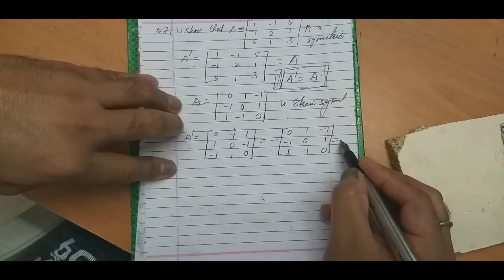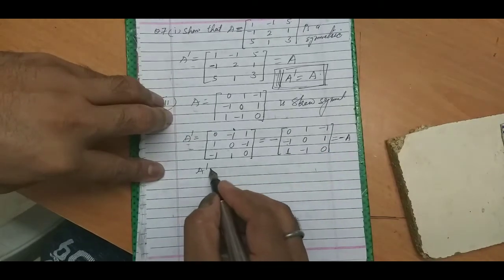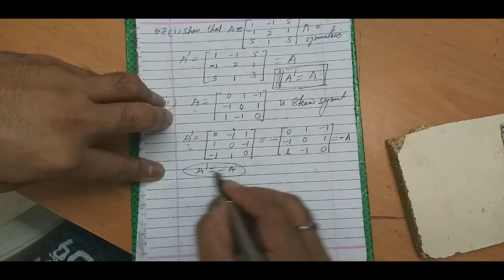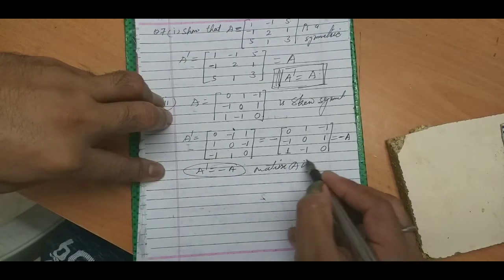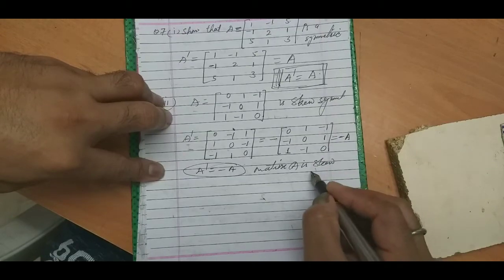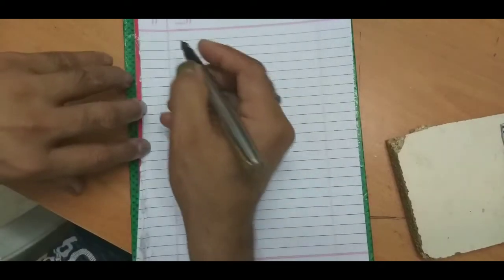That means this is nothing but the old matrix. So A dash is equal to minus A, means matrix A is skew symmetric. Hence proved. Now we take question number 12.